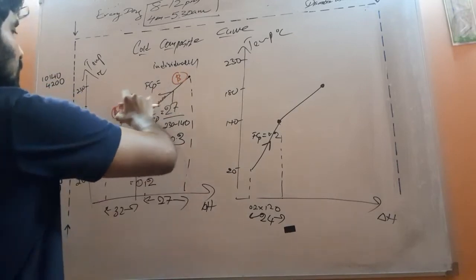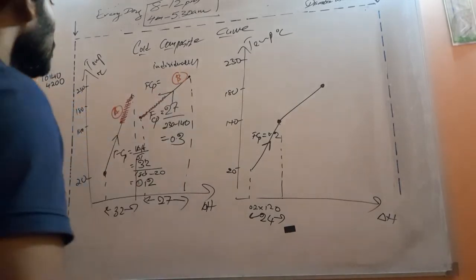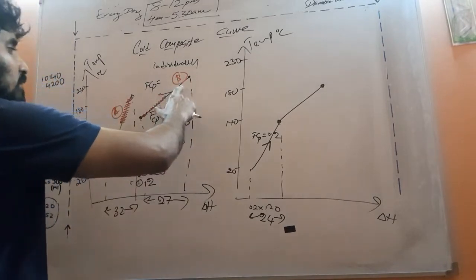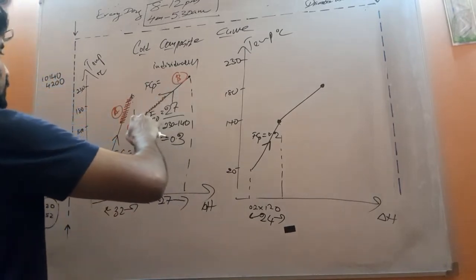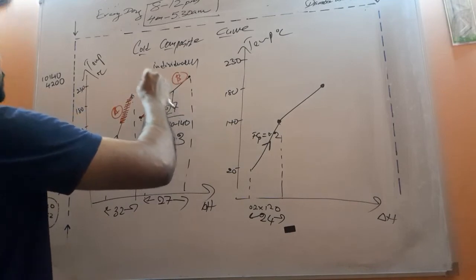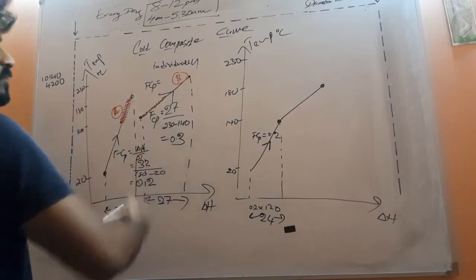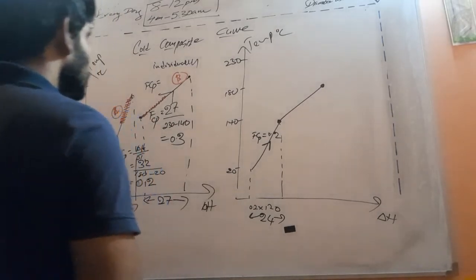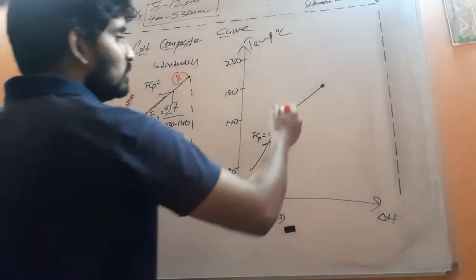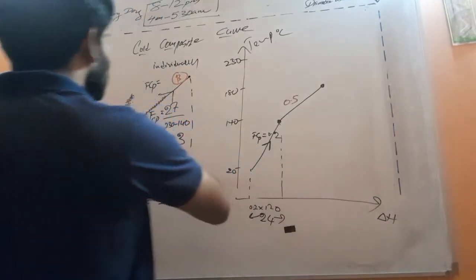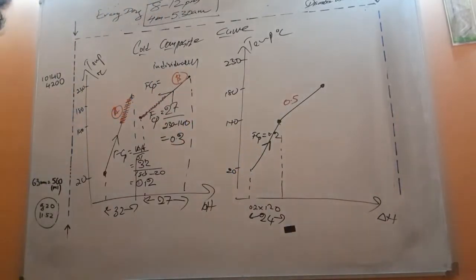Because there is some coincidence, so no problem. Curve B also can be used to define the temperature range from 140 to 180, and also curve A. So you can put the combination 0.2 plus 0.3, so that is 0.5, because both the curves can be used in order to relate that. So it is 0.5, right?